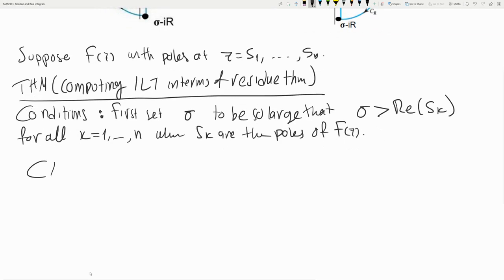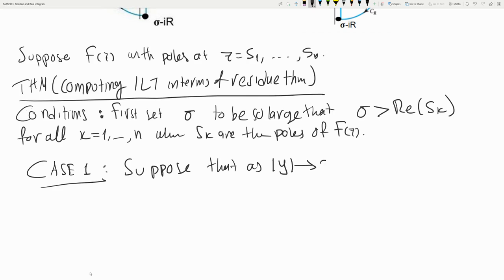Case one, suppose that as the absolute value of y goes to infinity and x goes to minus infinity. By x and y I just mean the real part of z and the imaginary part.